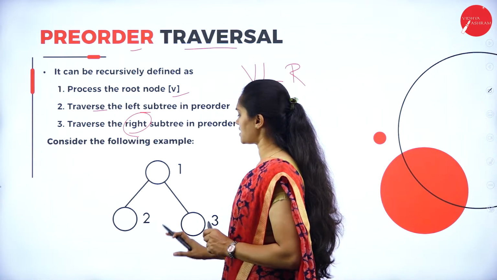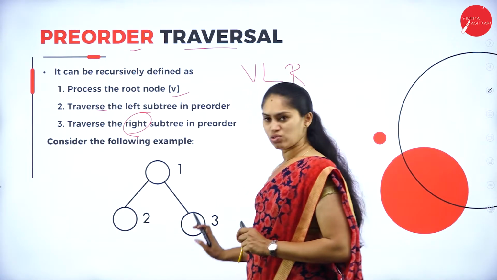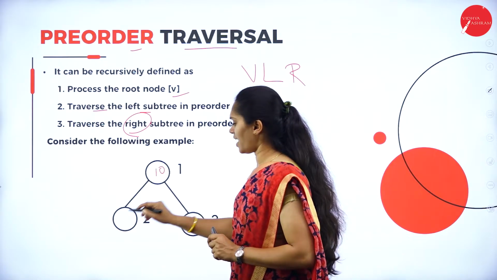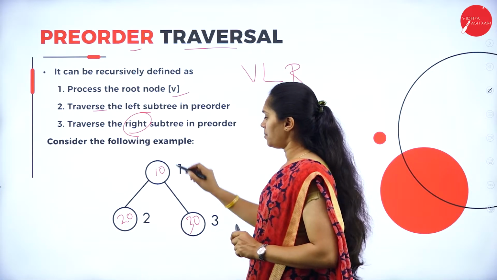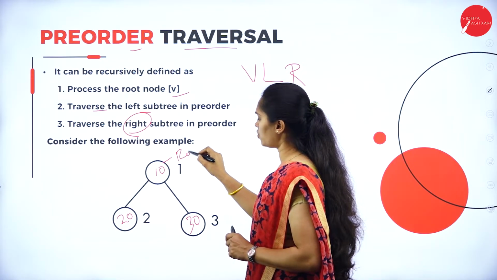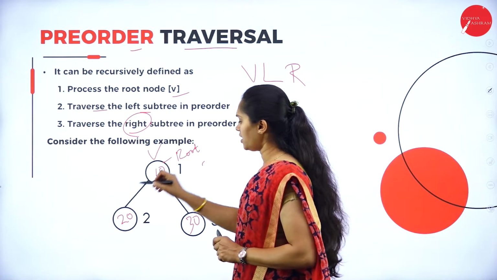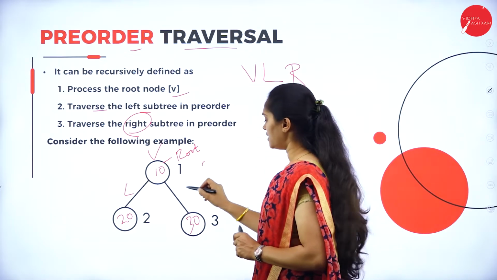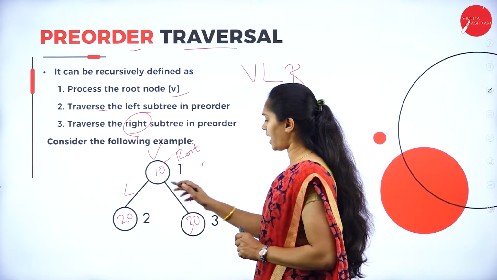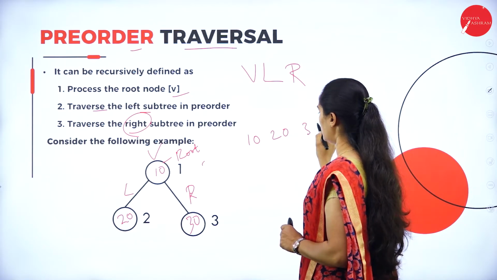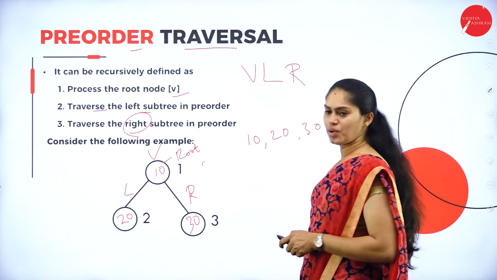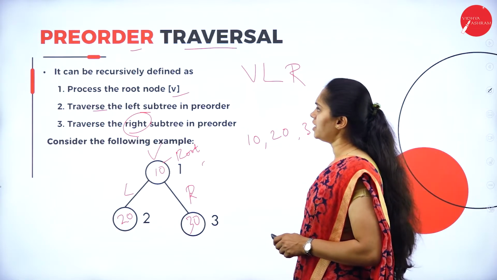If you consider this example, I have three nodes, 1, 2, 3. Let me consider the values as 10, 20, 30. When it comes to pre-order, pre means I need to visit the root node first, that is V, then L, then R, the right subtree. Then how will it be? 10, 20 and 30. This is how we traverse in the pre-order traversal.